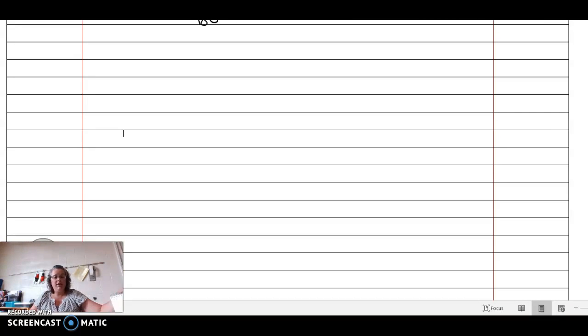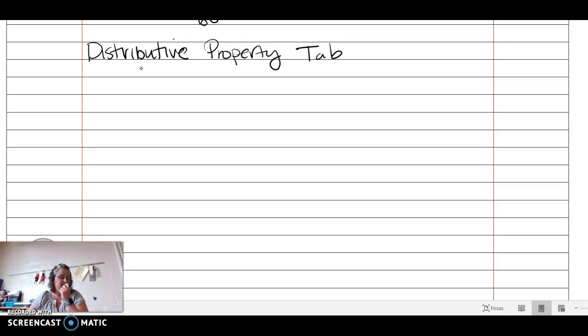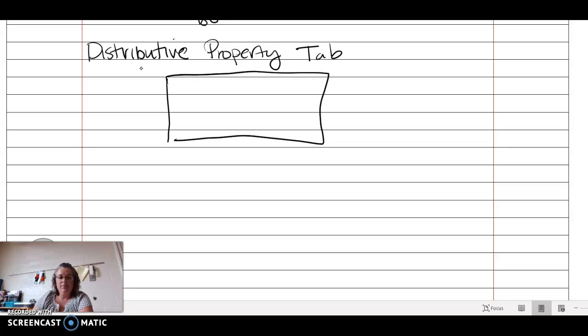The next one I would like to talk about is the distributive property. And this is going to go under the tab for this one. Okay. The way I like to introduce this is like a swimming pool. So if I have a rectangular swimming pool, usually it's rectangular and split into two ends. You have your deep end and then you have your shallow end.